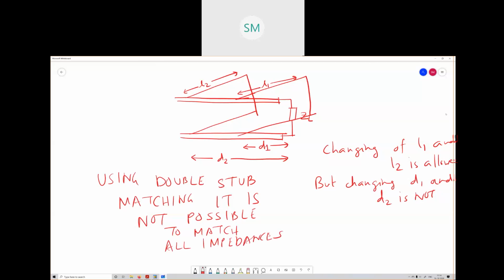This problem is solved in triple stub matching, but triple stub matching is not impedance. Okay. So let us see this in detail.